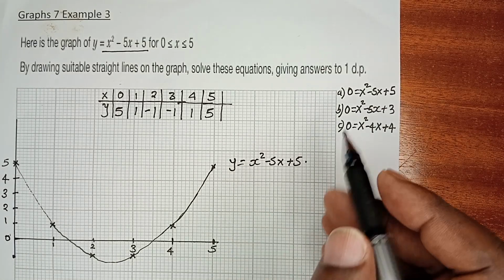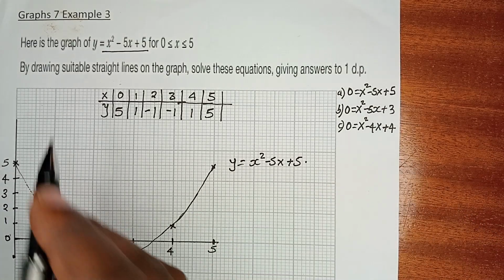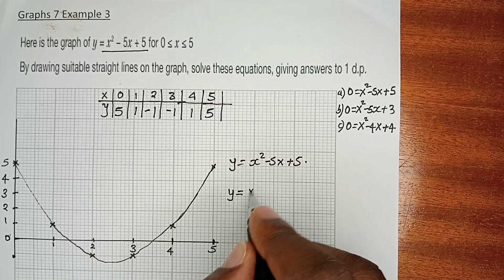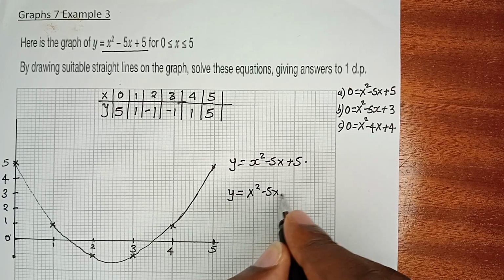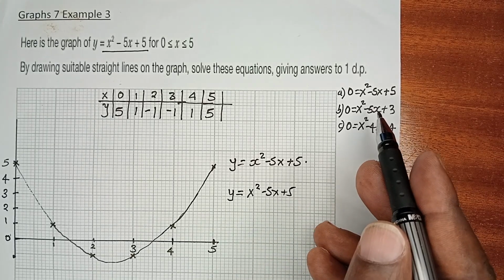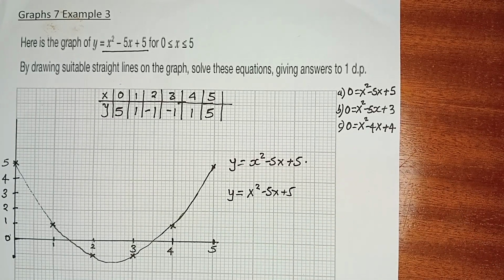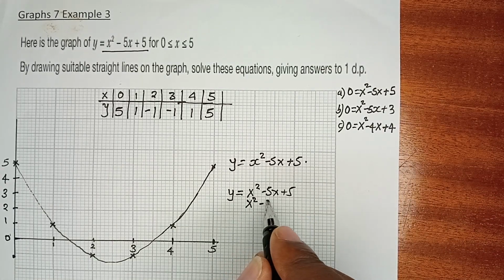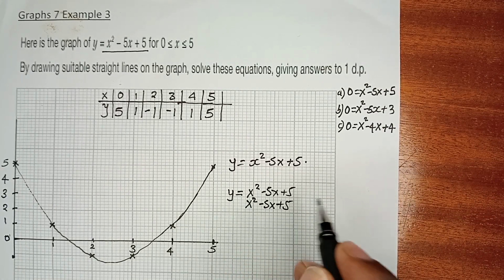We just write the equation given, which is y equals x squared minus 5x plus 5. And the equation to be solved, of course, the trick is similar terms should be in one column. And this one is x squared minus 5x plus 5.